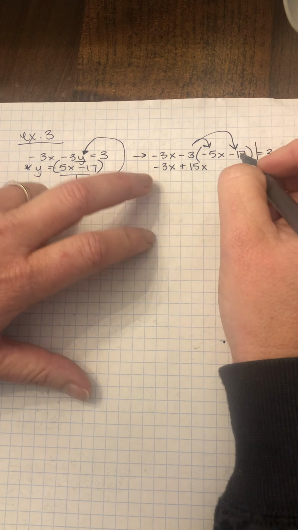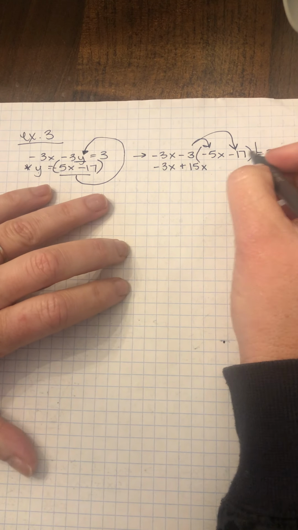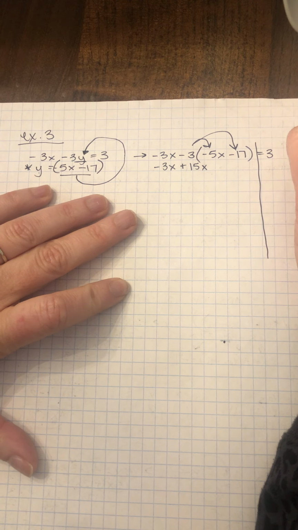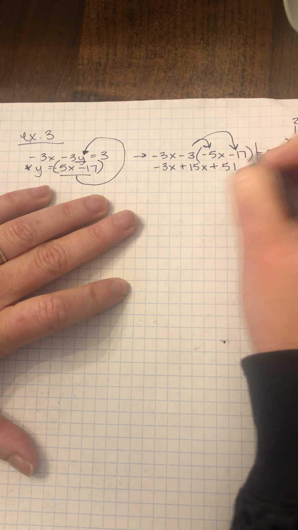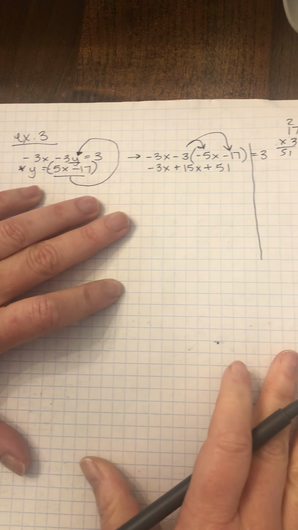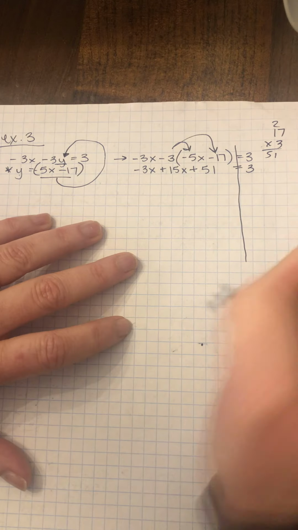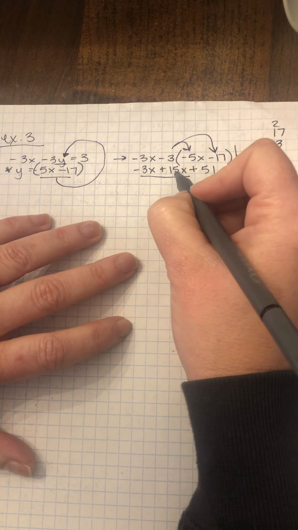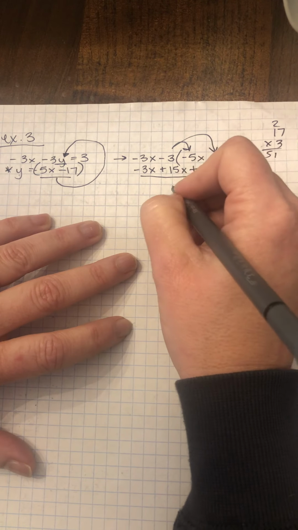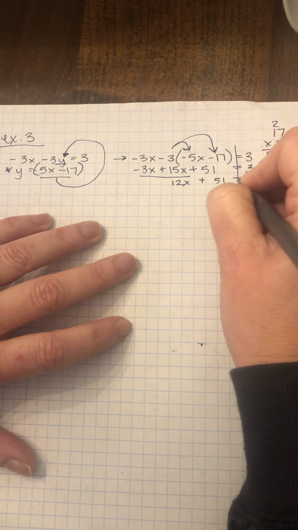Negative 3 times 17. 17 times 3 is 51. So plus 51 equals 3. Combine my like terms. I have a positive 15 and a minus 3, so that's 12x plus 51 equals 3.